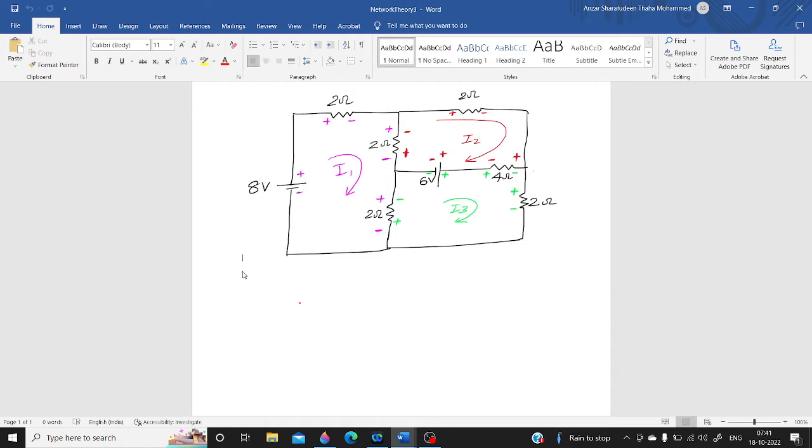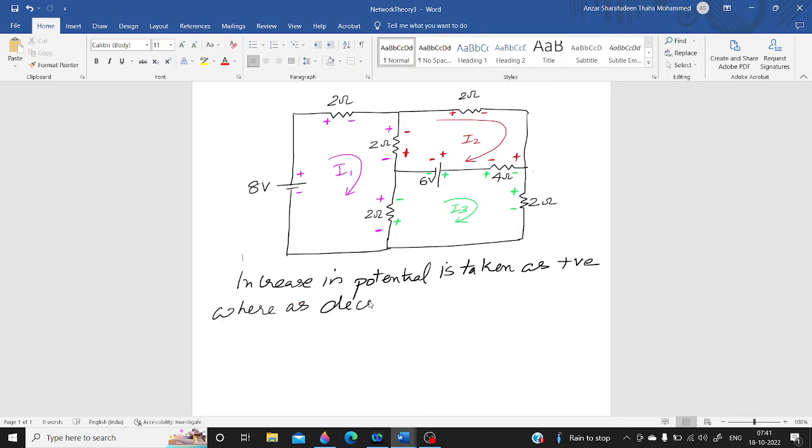Increase in potential is taken as positive, whereas decrease in potential is taken as negative. That is the fundamental rule, so that is the sign convention.